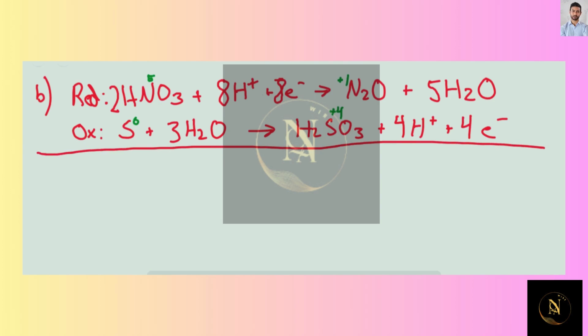So now we can add up the reactions. We need to multiply this reaction times 2 so the electrons will cancel out. So we have 2 HNO3 plus 8 protons, actually not 8 protons. The protons here will cancel out completely.